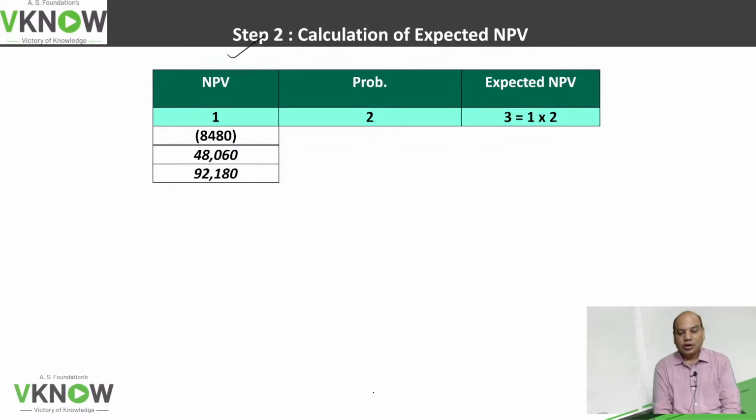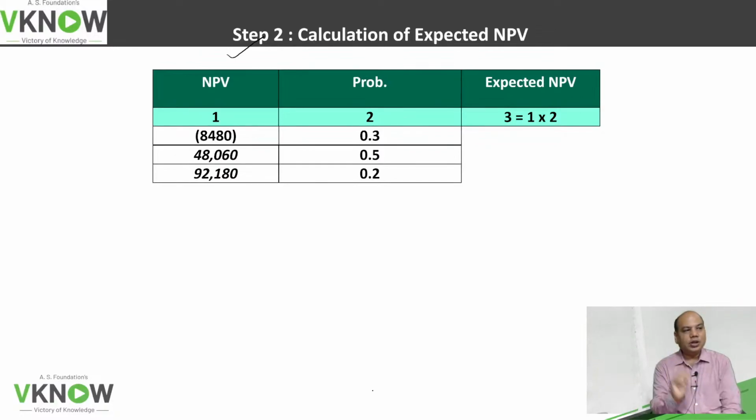These are my 3 NPVs and these are their probabilities. Please multiply and give me the total. What is the answer now?